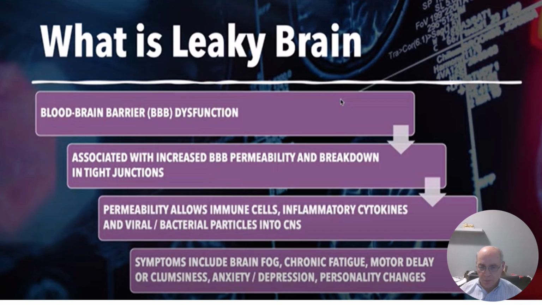And the most common complaints that patients will present with is brain fog, as I said previously, chronic fatigue, motor delay or clumsiness, anxiety, depression, and personality changes. So really the big four when you're talking about blood-brain barrier dysfunction and neuroinflammation are cognitive decline, brain fog, anxiety, depression, and fatigue.